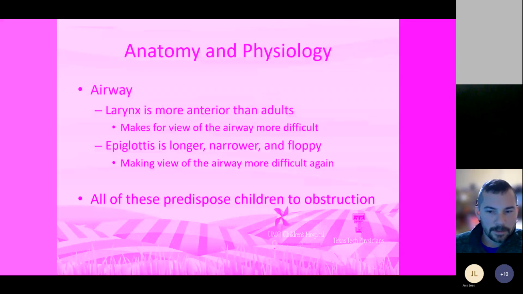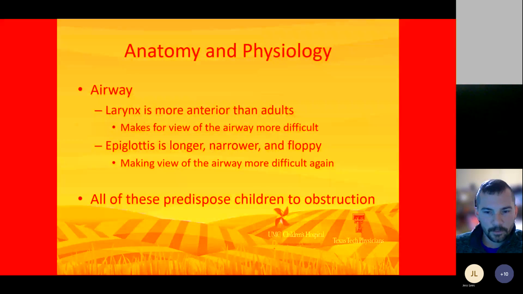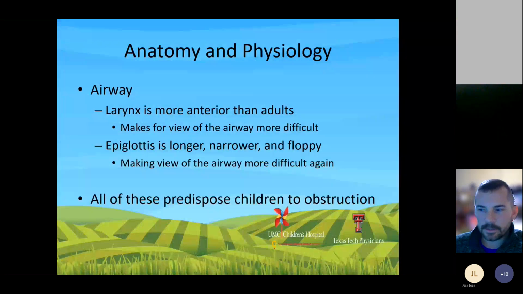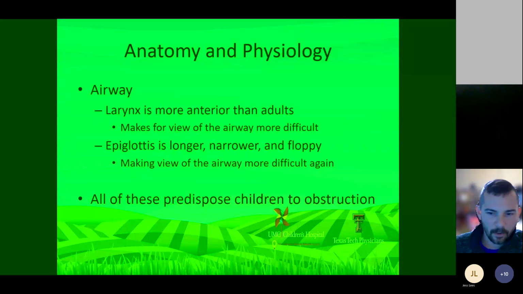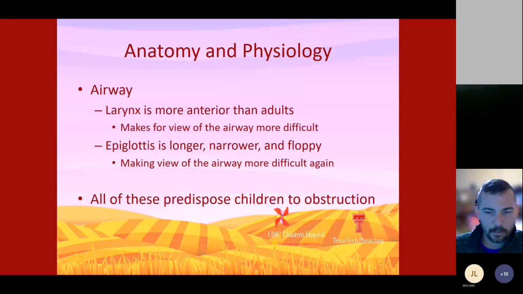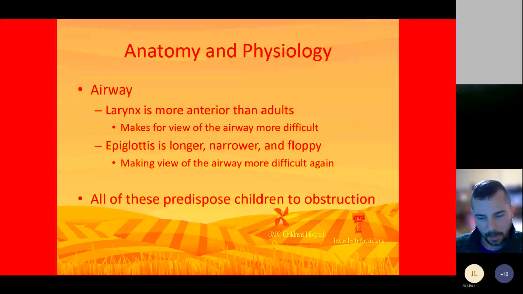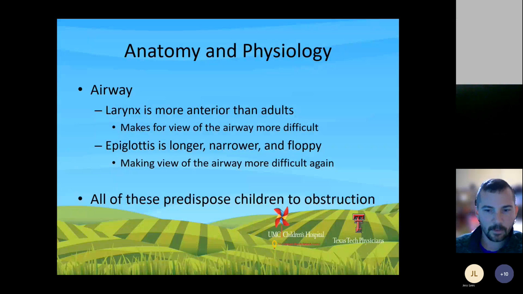The airway, the larynx, is more anterior than in adults. So it does make it more difficult for those of us that have to view the airway. In smaller, younger infants, the epiglottis is longer, narrower, and floppier. And so getting in there is not like an adult, where it's a little bit more stiff and rigid. That epiglottis can flop around, obstructing the view of the cords.